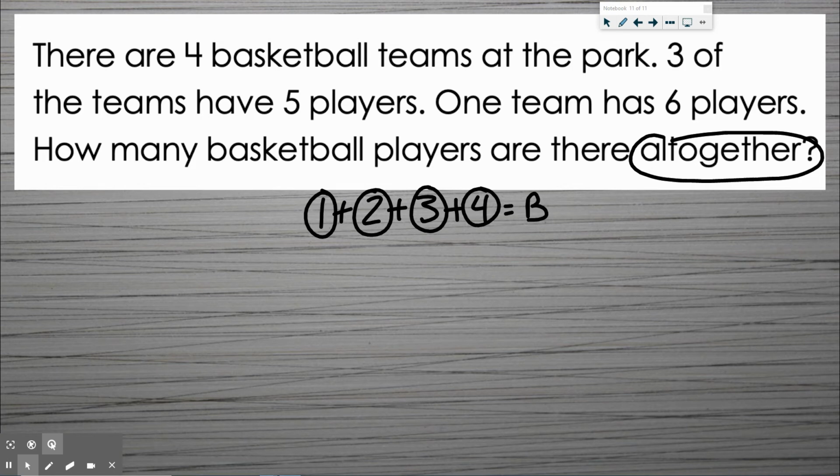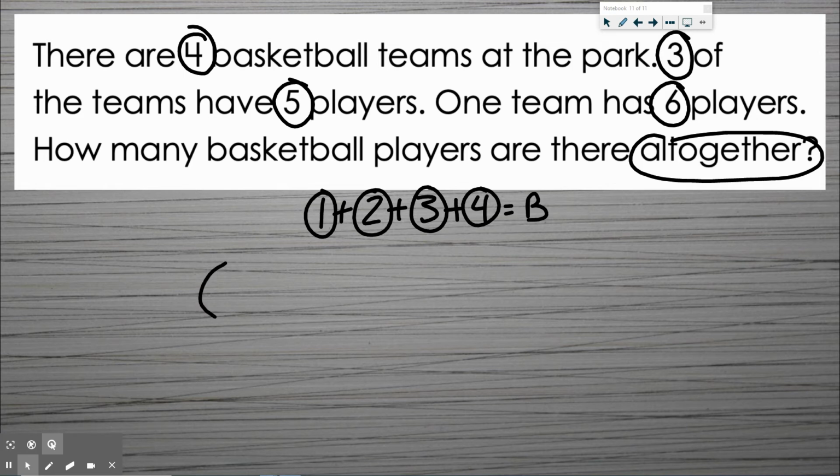So what I know is there are 4 teams. 3 of them have 5 players, and 1 has 6 players. So I want to know those 3 teams has 5 players. So how many is that?